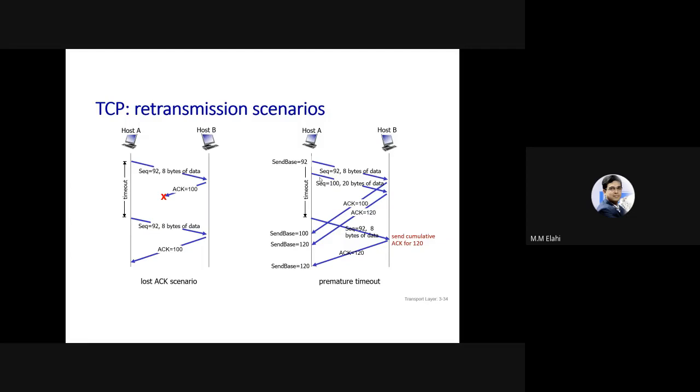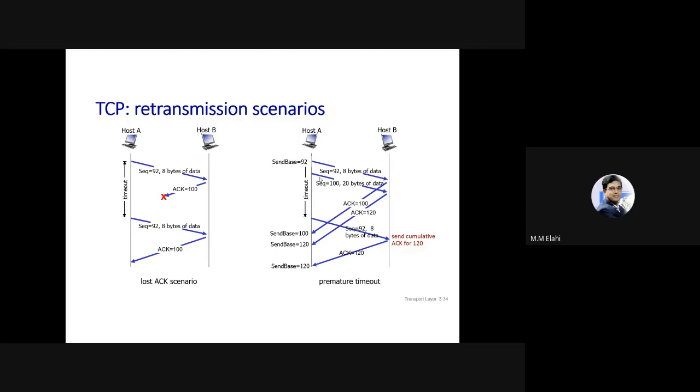But in case of TCP, make it clear, there is a single timer always. In one sense, that is also advantageous, using a single timer. How this is advantageous, you will know when we do some examples hands-on.